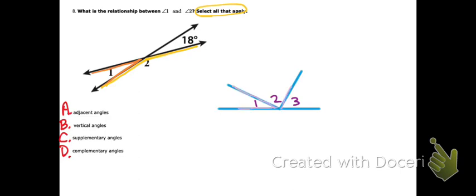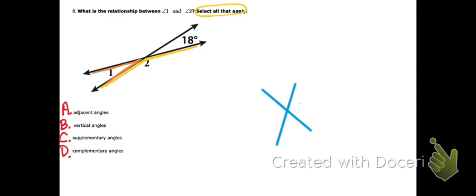You see, they're smushed up against each other. Where angle 1 and 3 are not adjacent. They are not smushed up next to each other. There's that angle 2 in between. They don't share a common side. So adjacent means right next to each other. They share a common side.